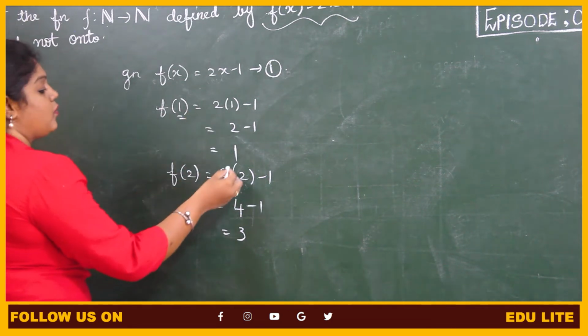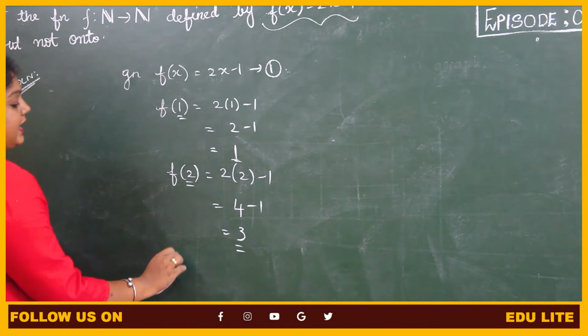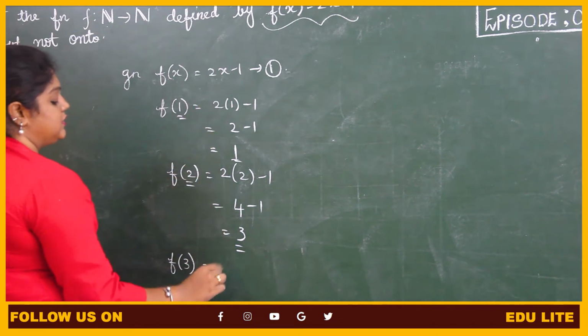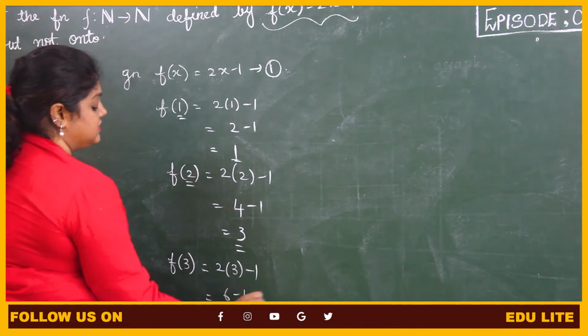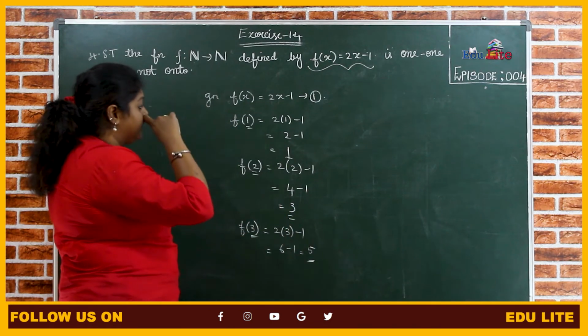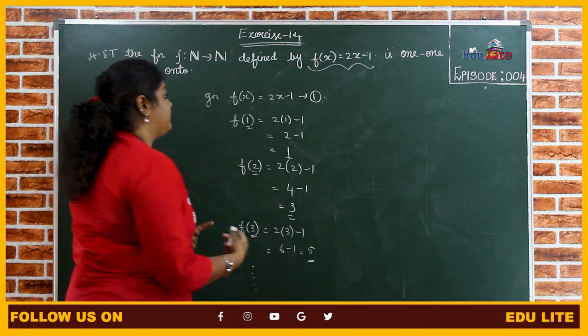So 1 is mapped to 1, and 2 is mapped to 3. Next f of 3, I am taking the value of x as 3 and substituting here 2 into 3 minus 1, 6 minus 1, which is 5. So for 3 I got 5. From this itself we can come to the conclusion, but it does not end here, it goes on. We have to vary the values of x.